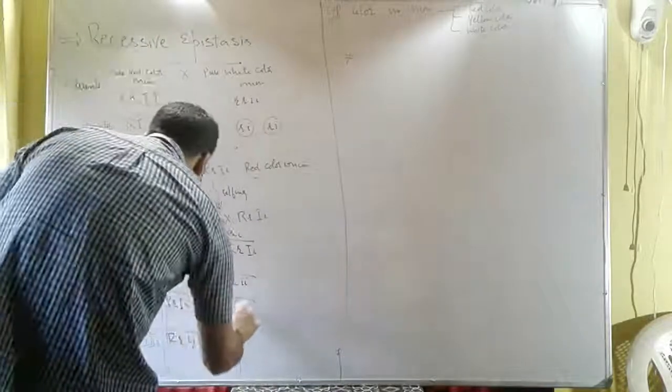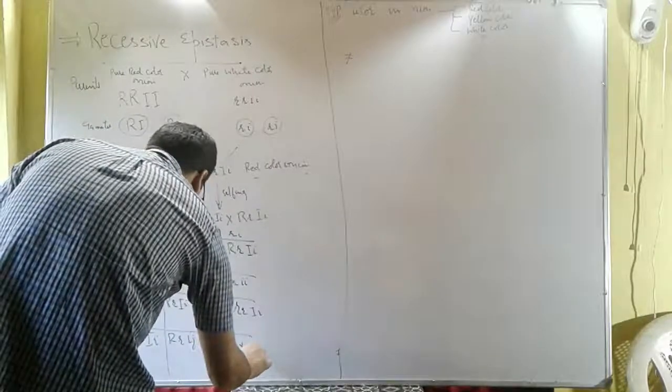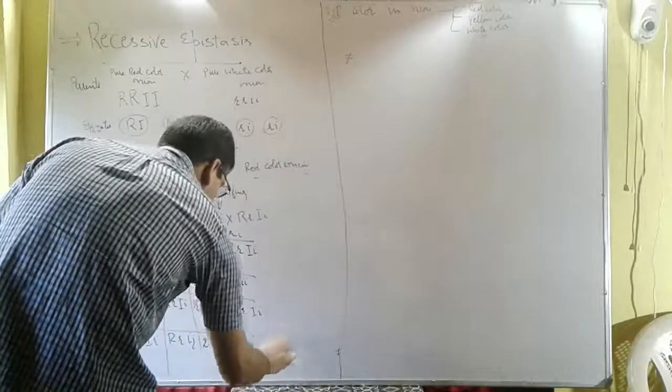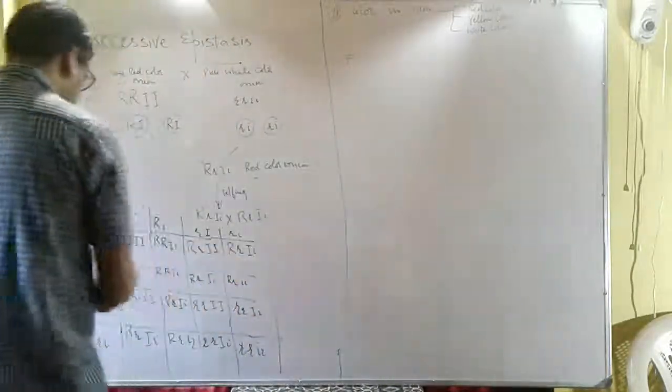Then we have got small r, capital I, small i, and small r, small i, small i. These are the F2 individuals.